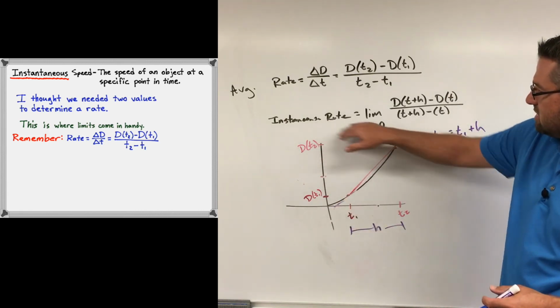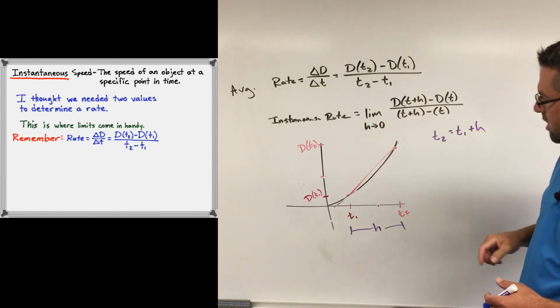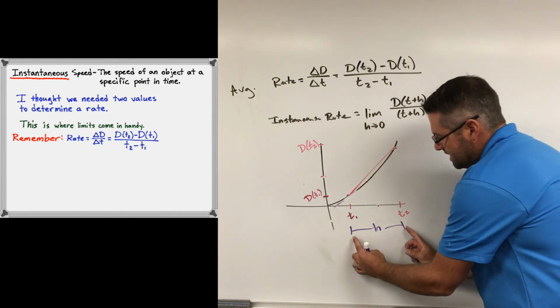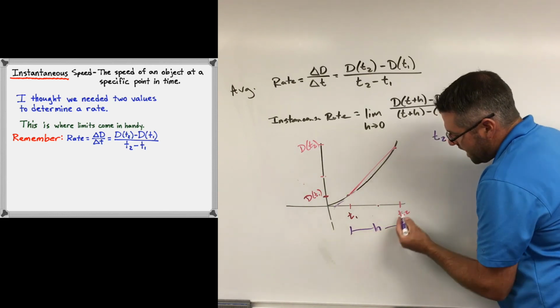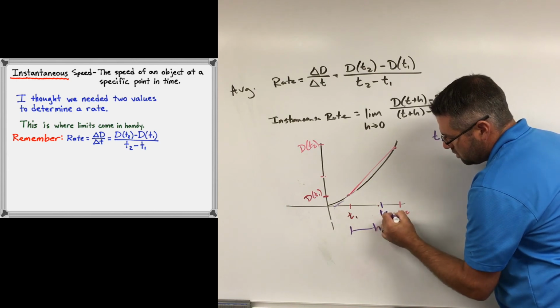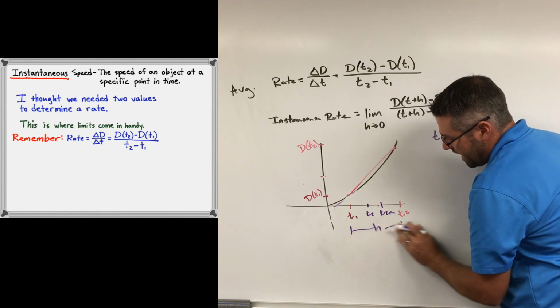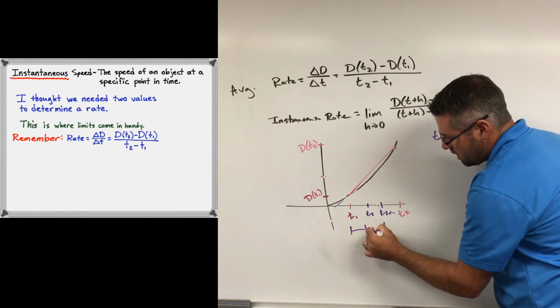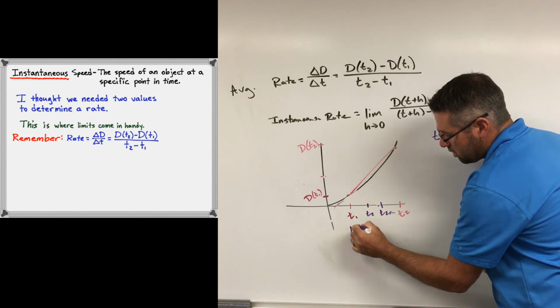But notice this instantaneous rate equation, it's the limit as h is approaching 0. So what's happening is that this distance here is actually shrinking. We are taking this t2 and moving it closer and closer to t1. And as it moves closer and closer, h is getting smaller and smaller.